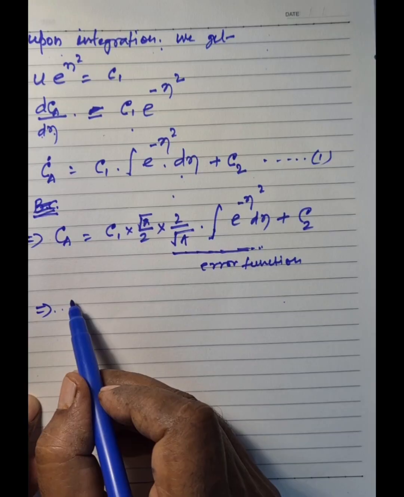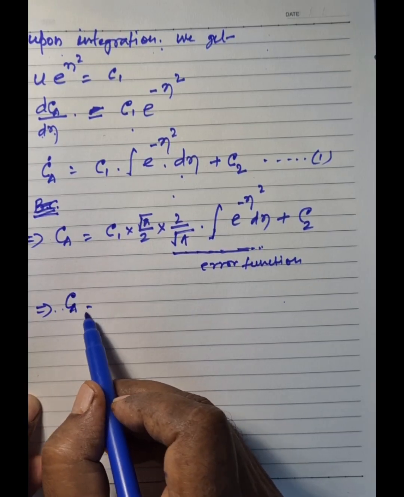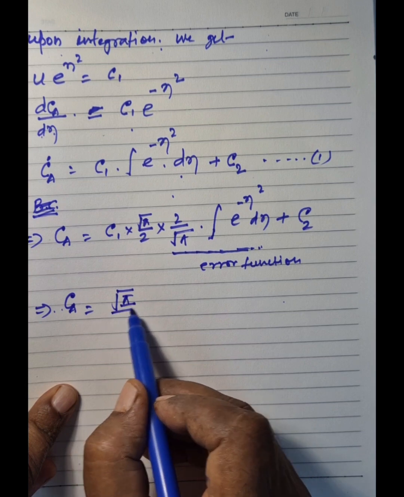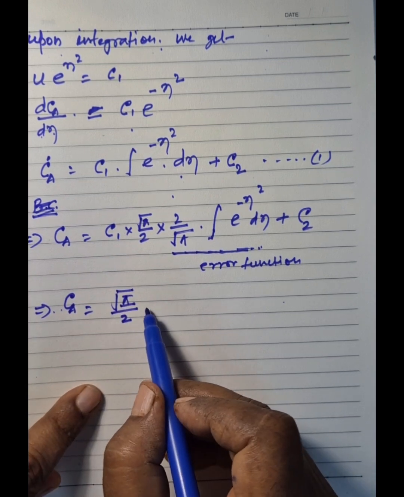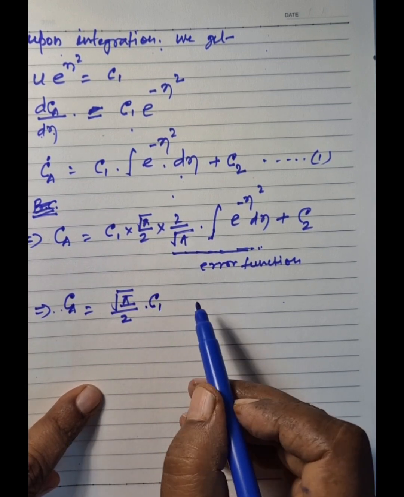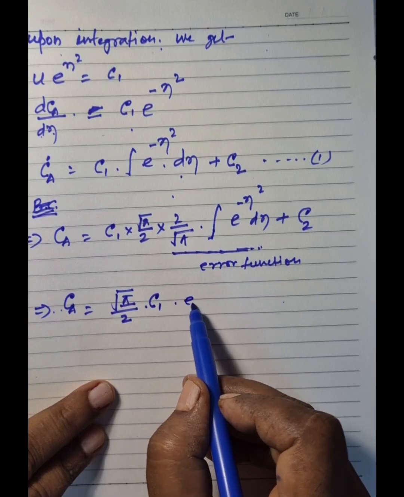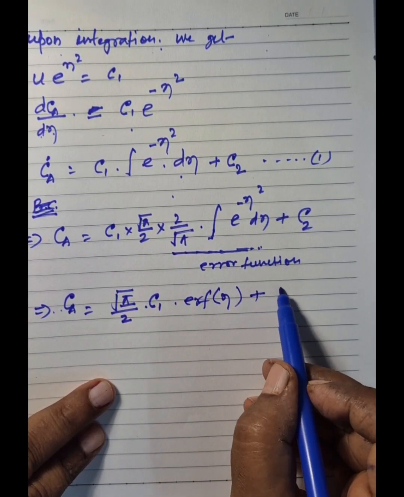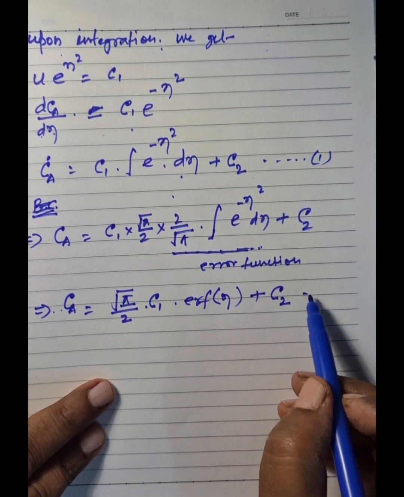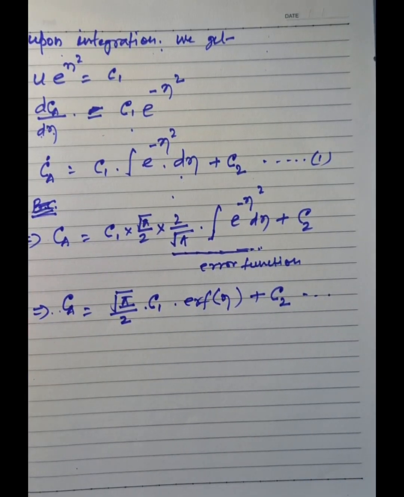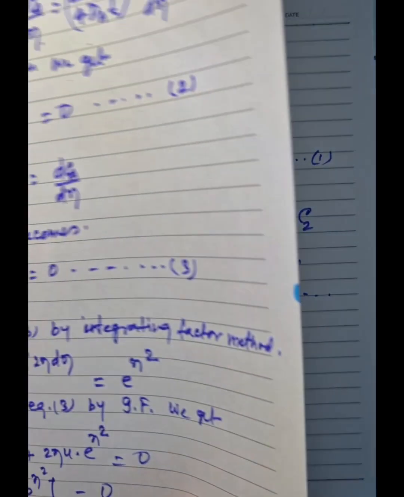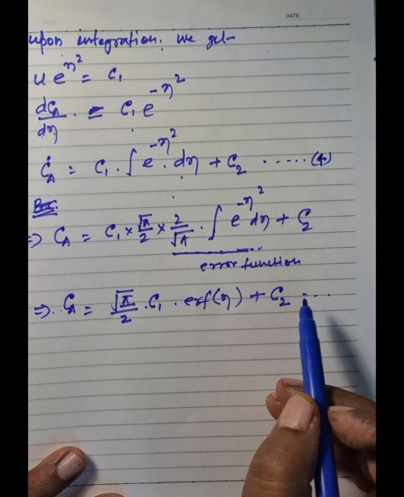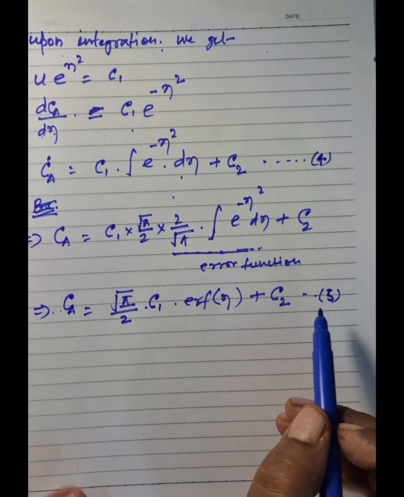So this can be written as CA is equal to root pi by 2 into C1 into erf eta plus C2. So this was equation number 4, and this is equation number 5.